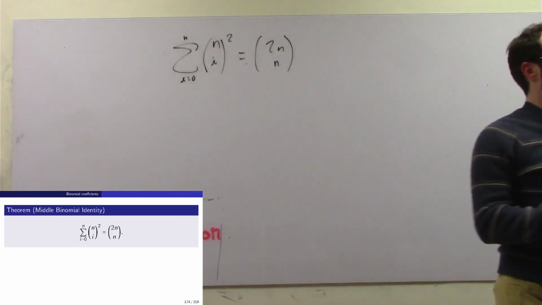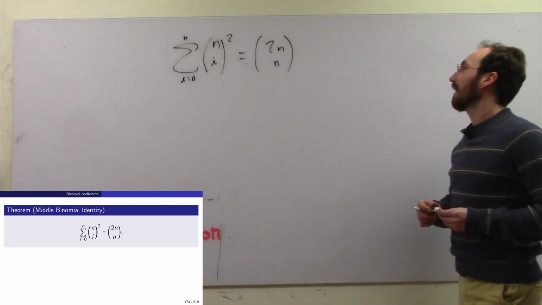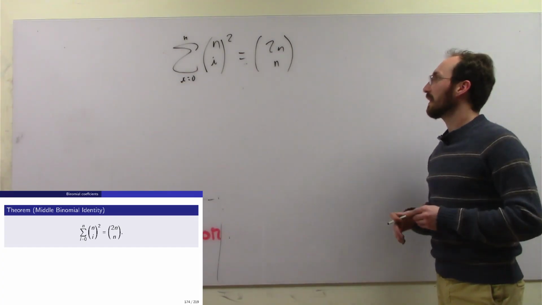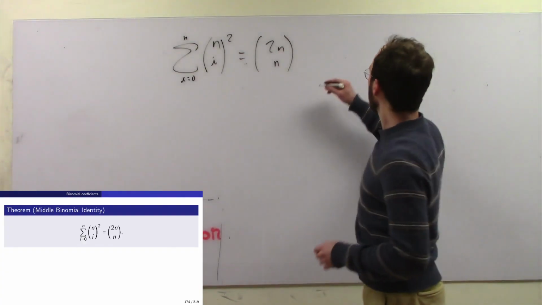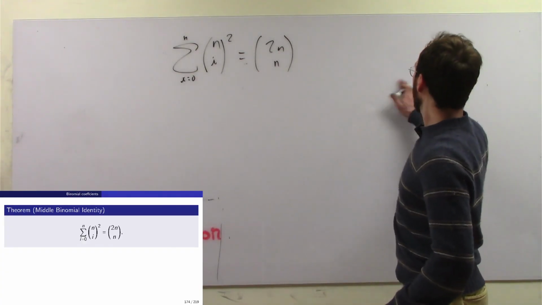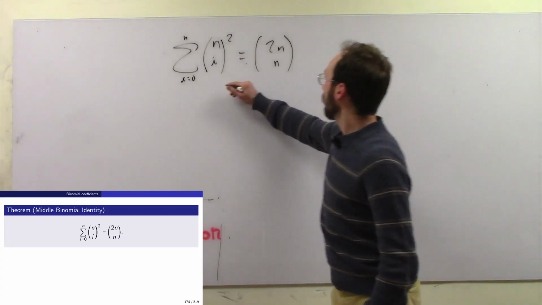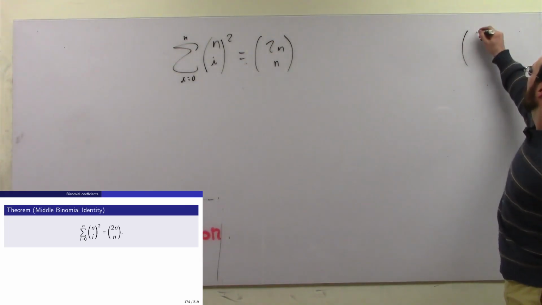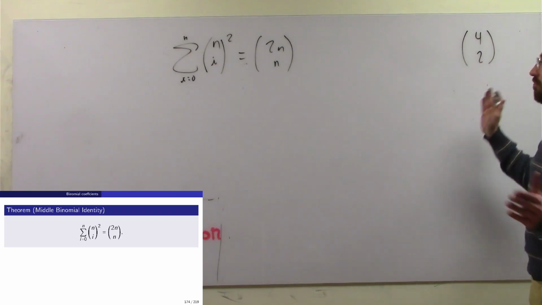Before we even go about figuring out this double counting idea, let's examine a small case here. Let's see, can we even buy this? Let's do a small one. 4 choose 2.